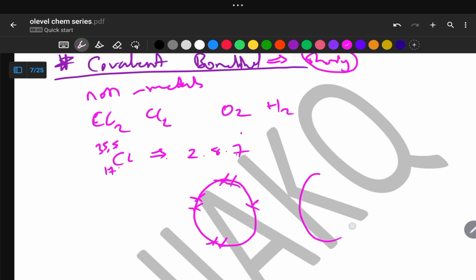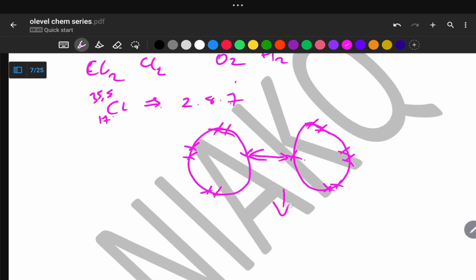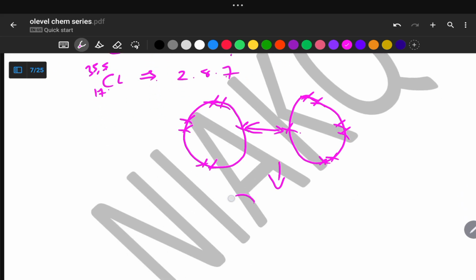And then we're going to have another one with this 7. So we're going to share these 2 electrons, right? Are we together? So the resultant compound will be like this. We can say dot to indicate that it is an electron from another chlorine atom, right?